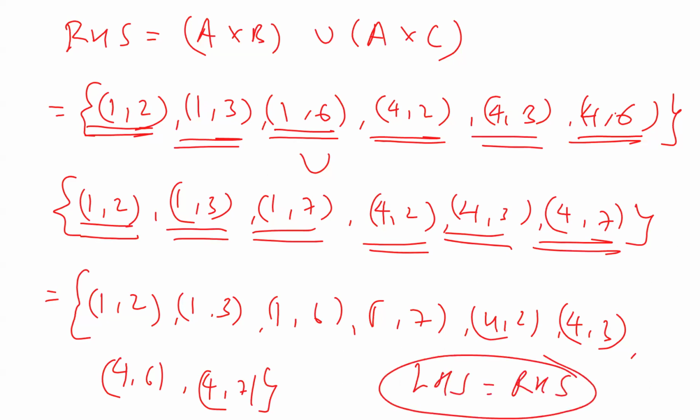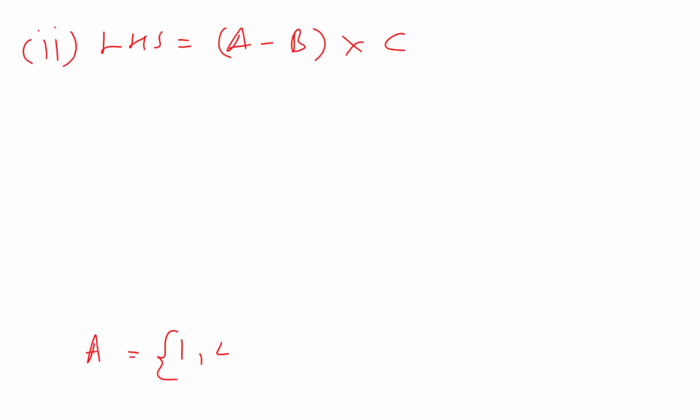Okay. Second subpart. We'll start with the second subpart. LHS, A minus B cross C. Now A is equal to 1 comma 4 and B is equal to 2, 3, 6.